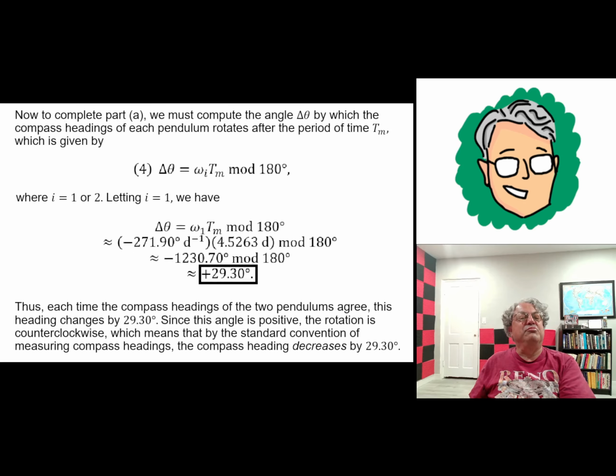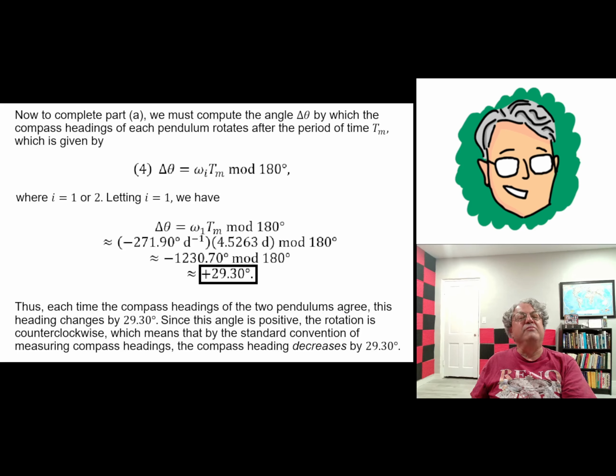But now I'm asking for more than this. For part A, I'm asking for how much the angle changes each time the headings match up. To get that, I'm calling T sub m the matching time.